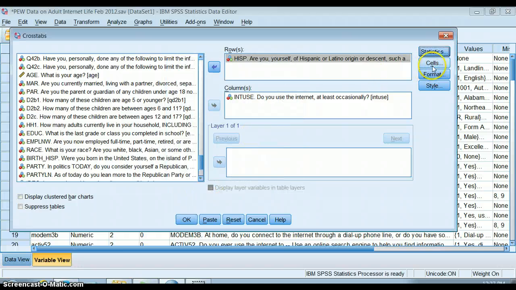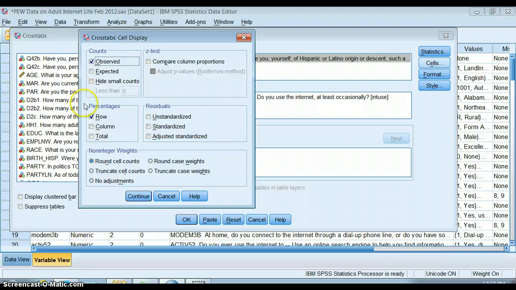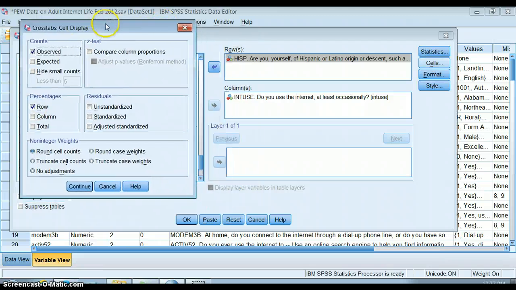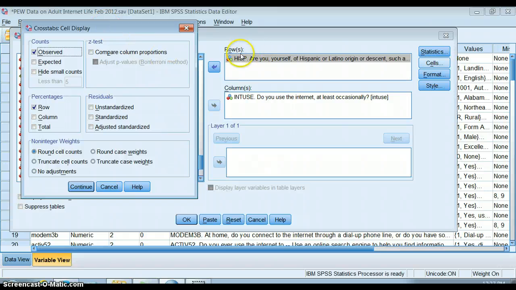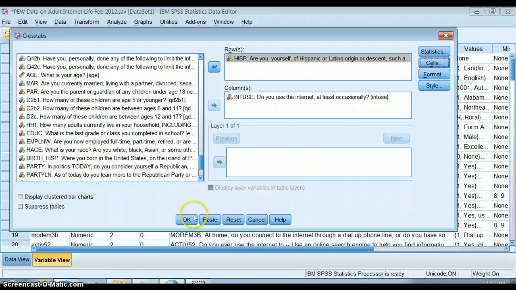I'm also going to go into the cells box, and just like with any other crosstab, I'm going to tell SPSS that I want to percentage on whatever my independent variable is. So in this case, I think that someone's race or ethnicity will affect their internet use. So Hispanic is my independent variable. So I click the percentage for rows, the row percentage.